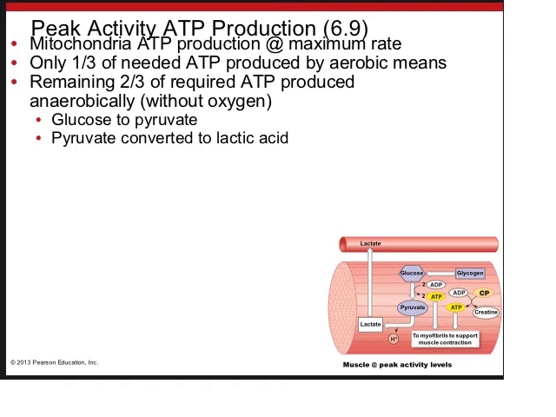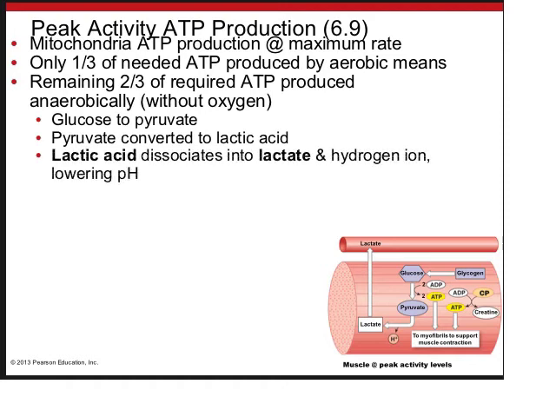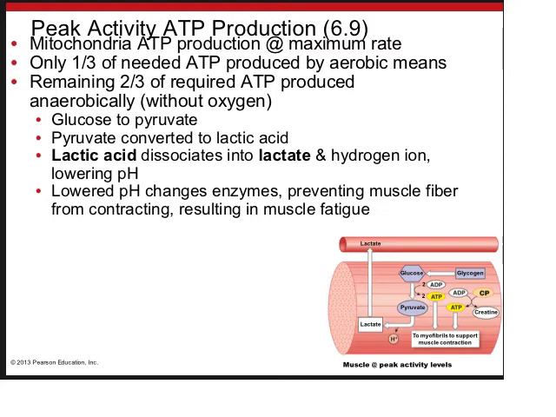Glucose is converted to pyruvate, which is converted into lactic acid, which dissociates into lactate and protons, which lowers the pH of the muscle cell. This causes a change in enzyme activity and prevents the muscle fiber eventually from contracting and ultimately results in fatigue. And so you often hear people talk about feeling the burn or the buildup of lactic acid in the muscle that exhausts them. This is what happens from training at peak levels for extended periods.